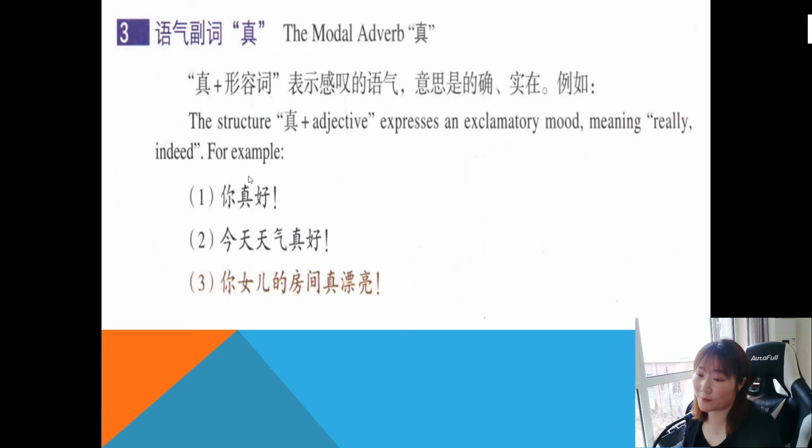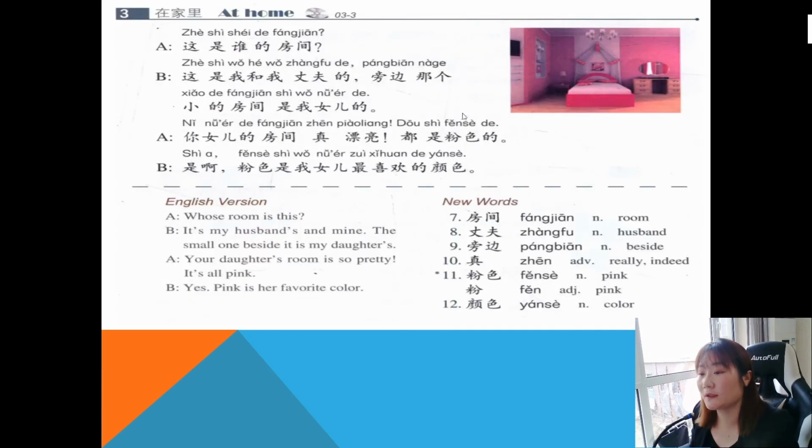For example, 你真好, you are really good. 今天天气真好, the weather today is very good. 你女儿的房间真漂亮, here 真 equals very, 非常. It also expresses an exclamatory mood, such as 这个女孩真漂亮, such a beautiful girl. Okay, so text 3, at home.